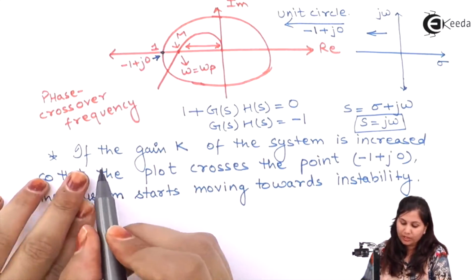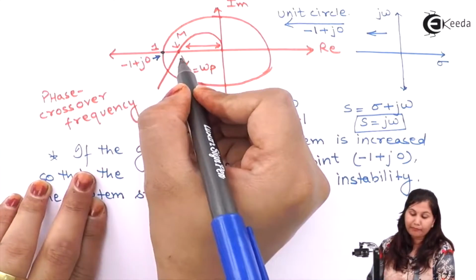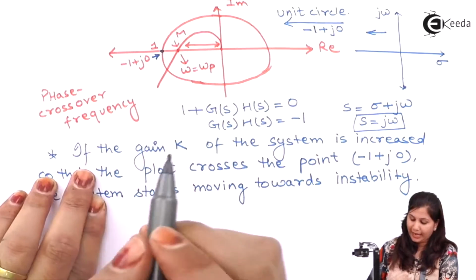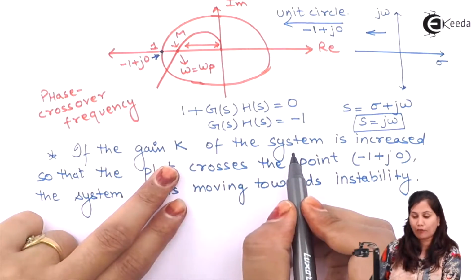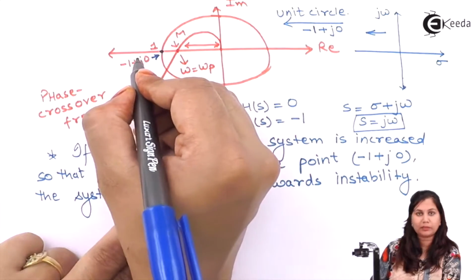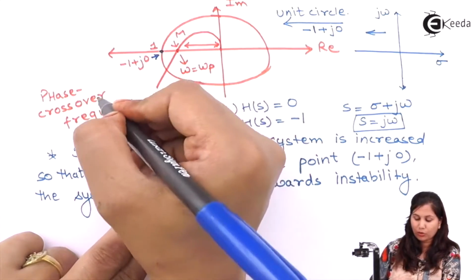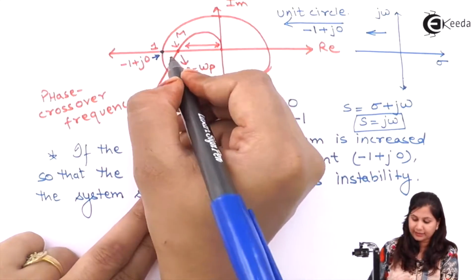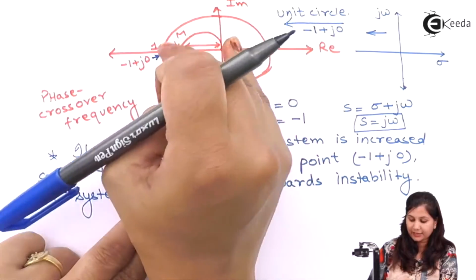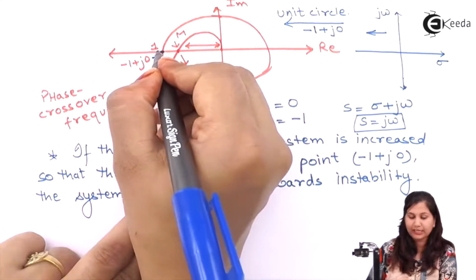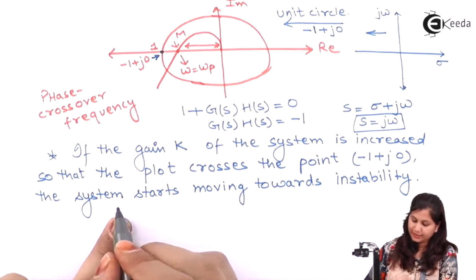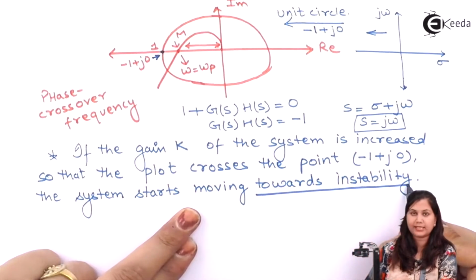So here, when the magnitude is less than 1, the system is stable, because all the roots are inside the unit circle. If we increase the gain K of the system, the plot will cross the -1 plus j0 point and go outside, and the system will start moving towards instability.